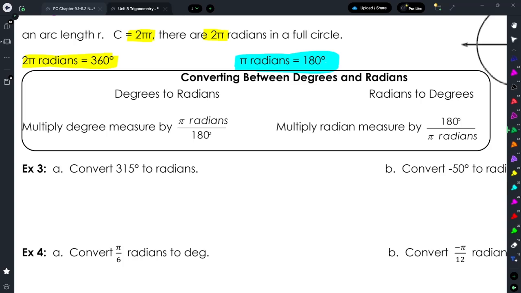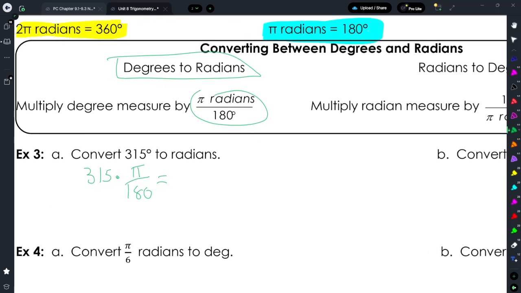So in example 3, we're going to convert degrees to radians, so we're going to be using this formula right here. So 315 times pi over 180. Now, our radians always have to have pi in them. So we're not going to type this all in the calculator and simplify it. We need to leave pi alone.